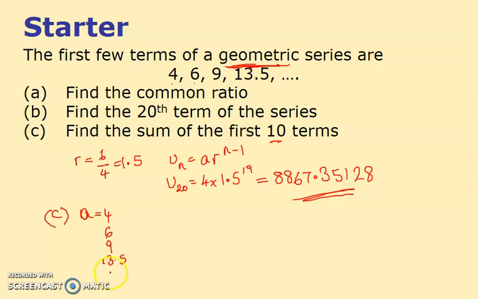You could quite easily keep on timesing these by 1.5 each time, so 13.5 times by 1.5 is 20.25. So that's the first 5 terms done. I need 5 more terms, so I'll just do 5 more terms. I've got 30.375. Now obviously this is not a very satisfactory method. 45. Well, I nearly made a mistake already.